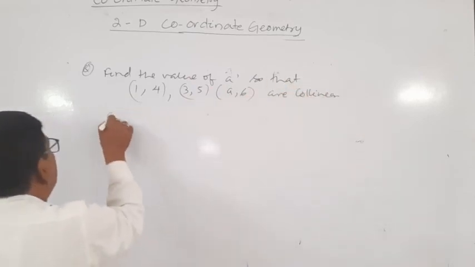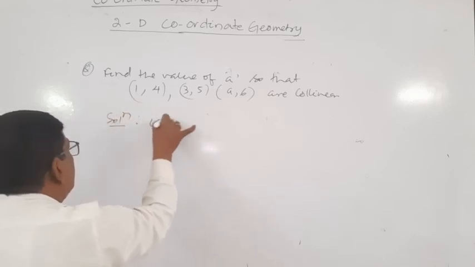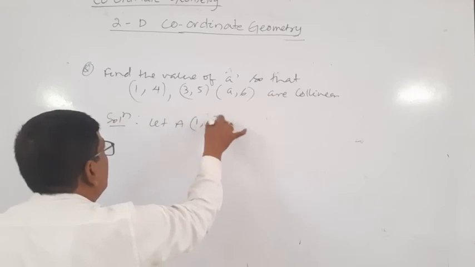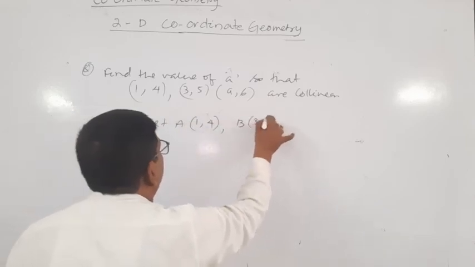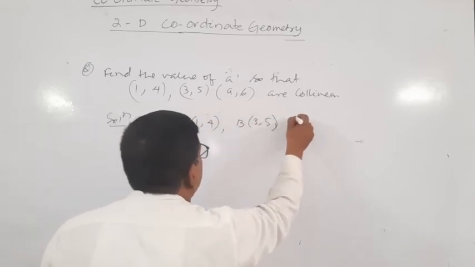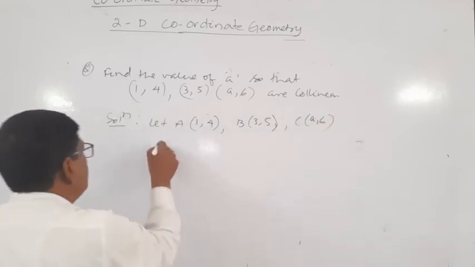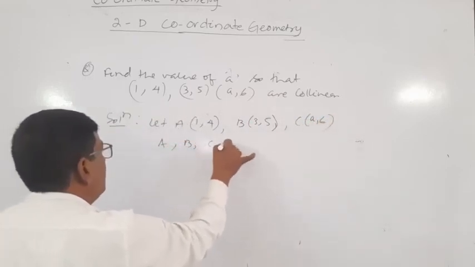Solution: suppose the coordinates of A are (1, 4), B is (3, 5) and C is (A, 6). A, B, C are collinear.